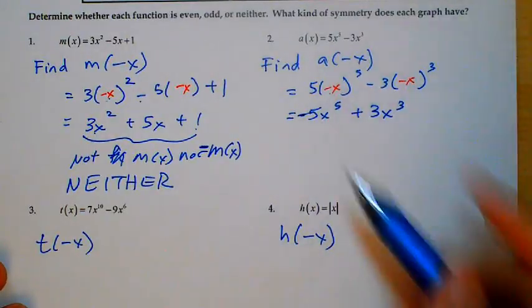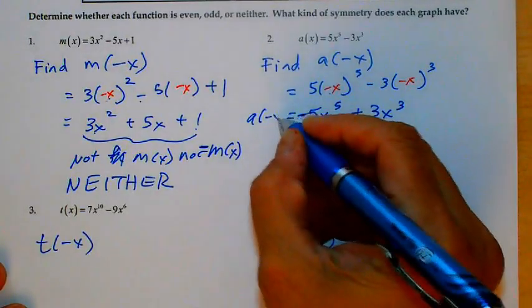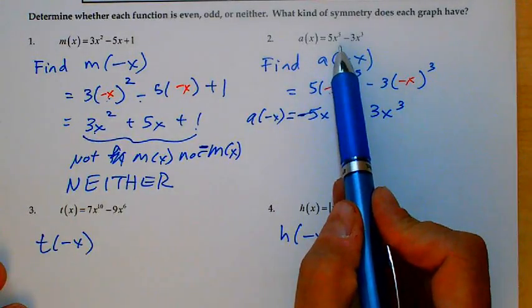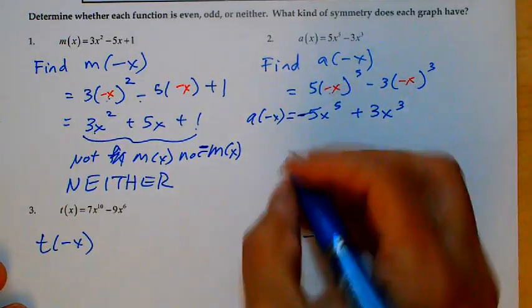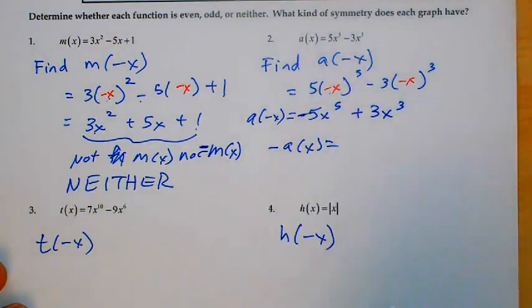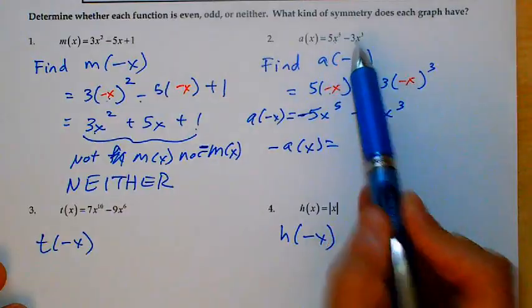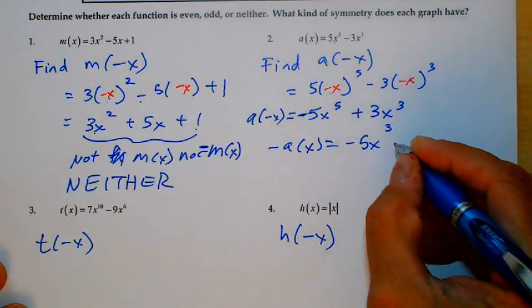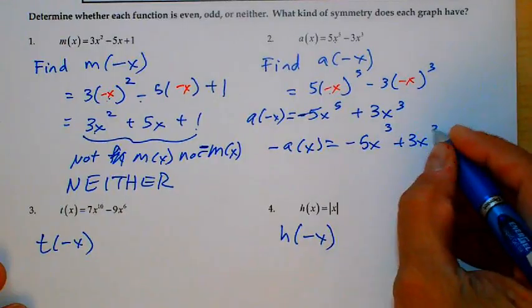So a of negative x is this. I could already tell it does not match the original function, but does it match the opposite of a of x? In other words, if we were to multiply this function through by a negative 1, turns out, everybody, exact match.